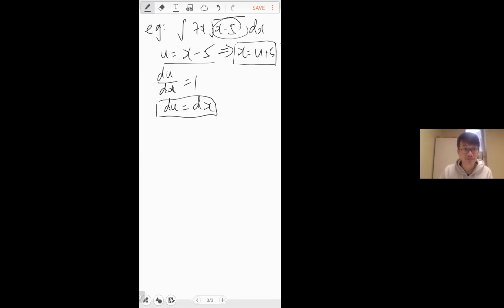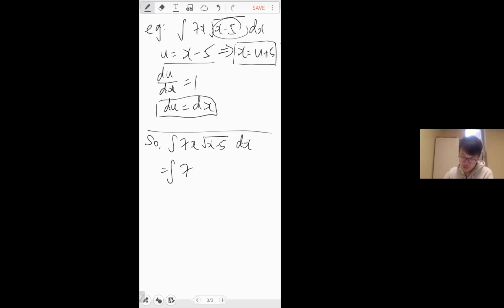Does it make sense? Is it okay so far? Now, the next thing we need to do is to plug everything into this integral. How do I get du dx equals 1? Well, u equals x minus 5. So the derivative is 1. Now put everything in terms of u.